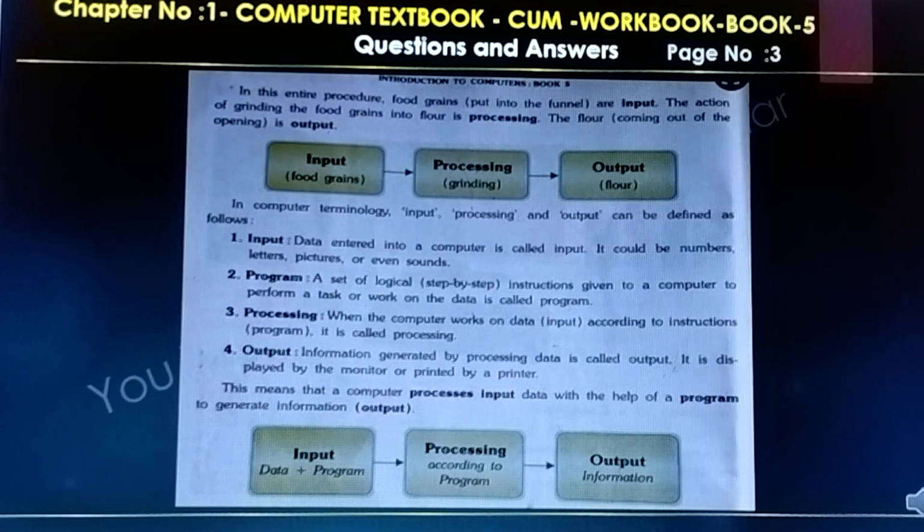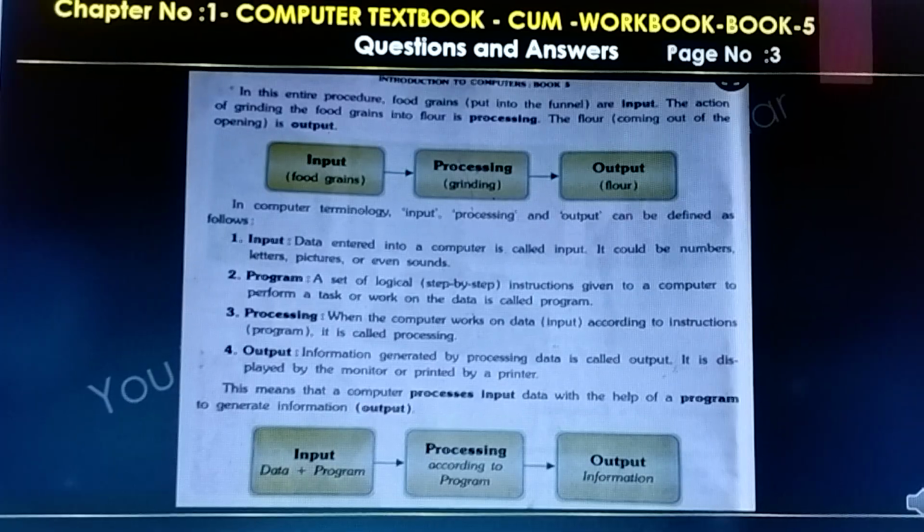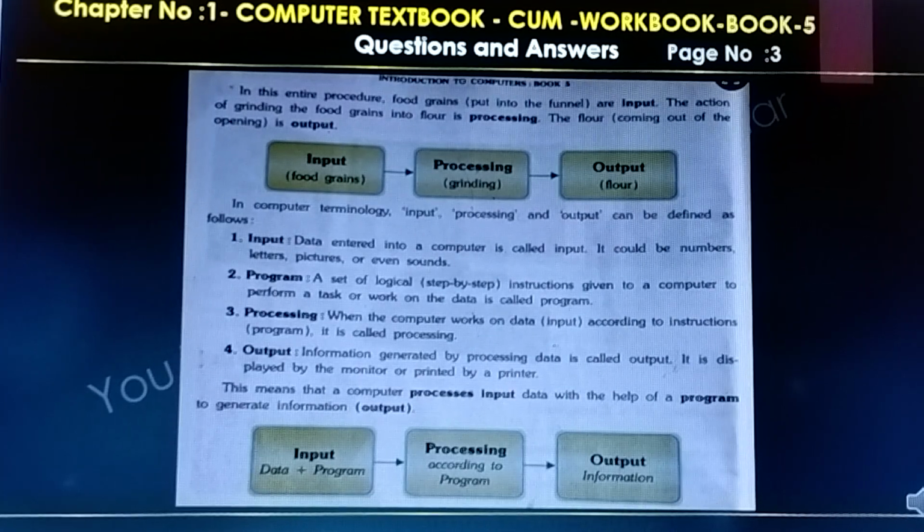Processing: when a computer works on data input according to instructions (program), it is called processing. Output: information generated by processing data is called output. It is displayed by the monitor or printed by a printer. This means that the computer processes input data with the help of programs to generate information, the output.